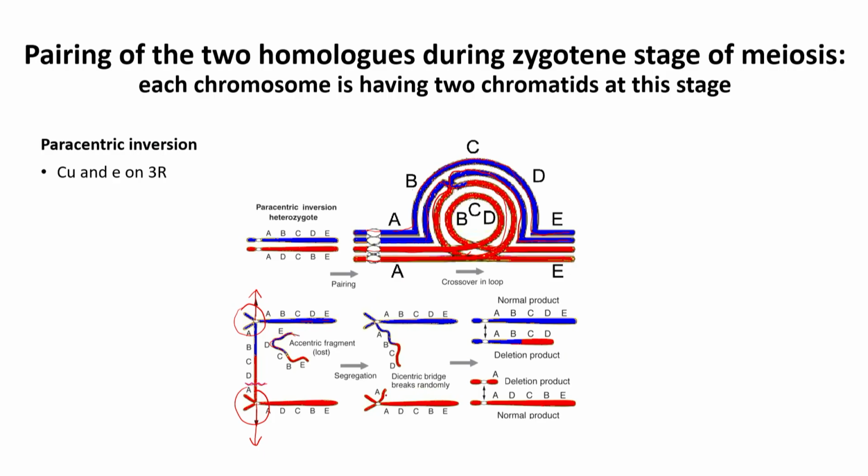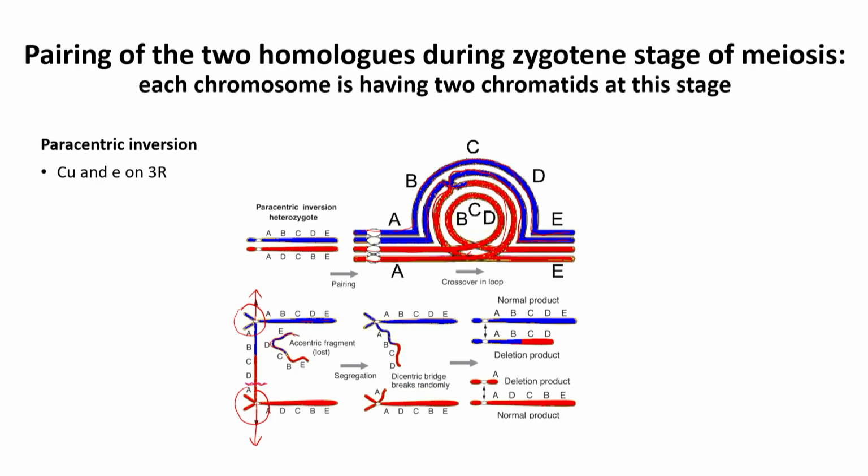The other one has only part A, and then A, D, C, B, E. So the dicentric bridge is now broken at any place. This could have got broken here, here, or here, anywhere.